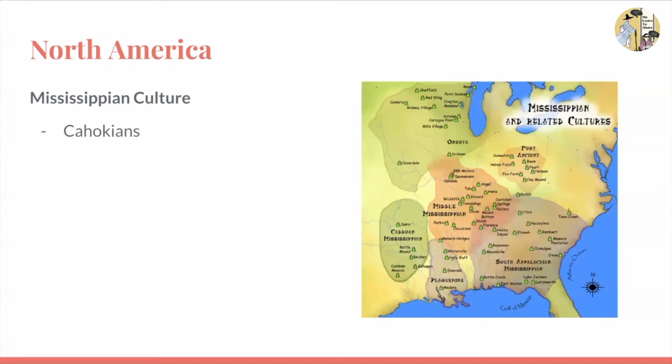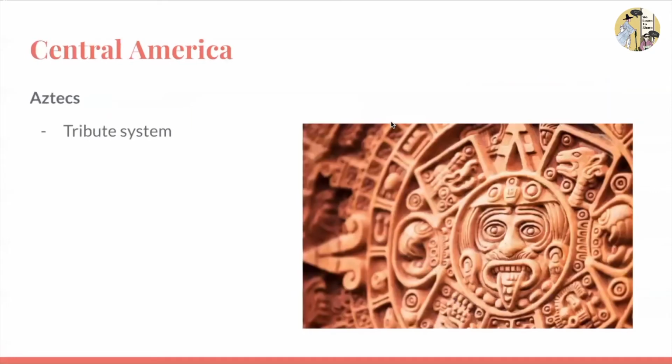Now that we have explored North America and the Mississippian civilization, I will now talk about Central America. In Central America, we will focus more on the Aztecs, since they are a big part of AP World history.